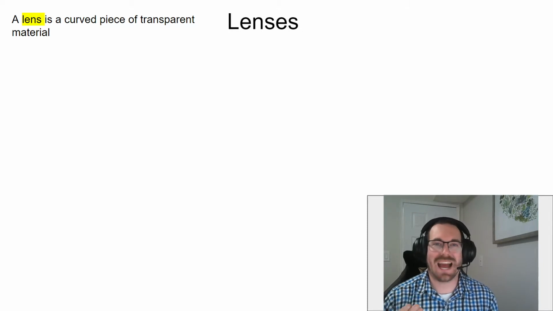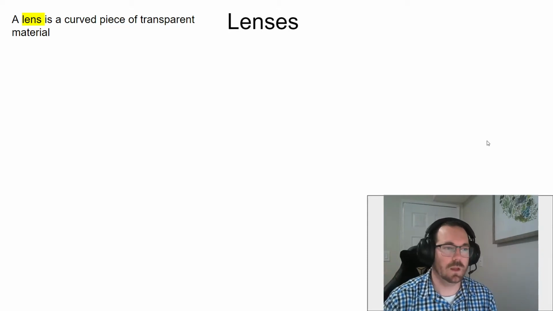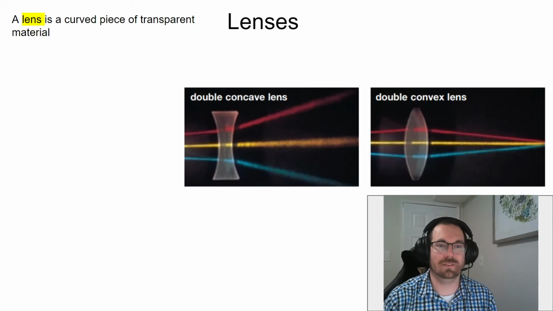Light refracts, or changes direction, as it passes through a lens, causing those light rays to bend, either bend in or bend out. A double concave lens, that's going to be our first one. Here we see two images, a double concave lens and a double convex lens.